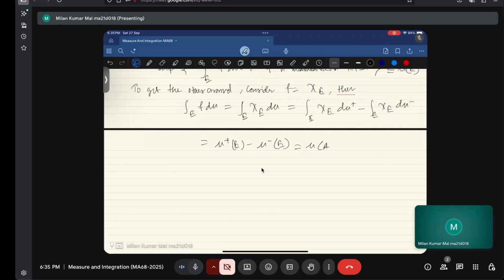I think to get the other way around, we need to calculate the function which has a constant value.